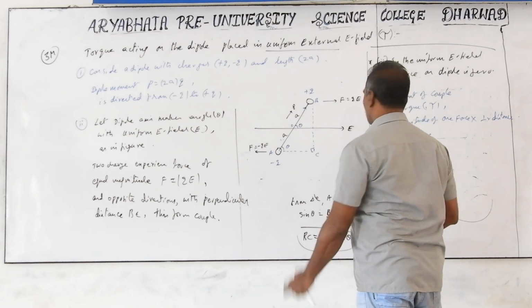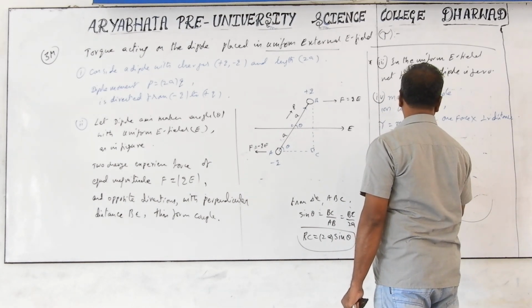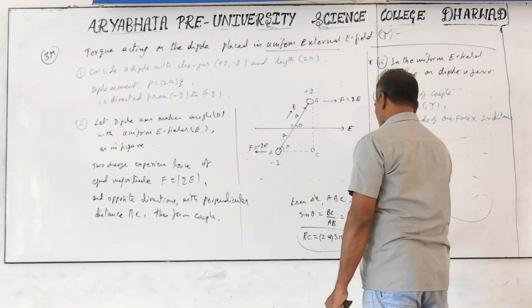F is equal to qE. And BC is equal to 2A sin theta.